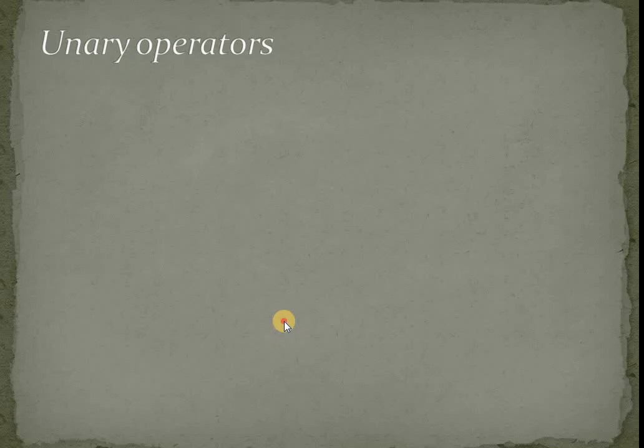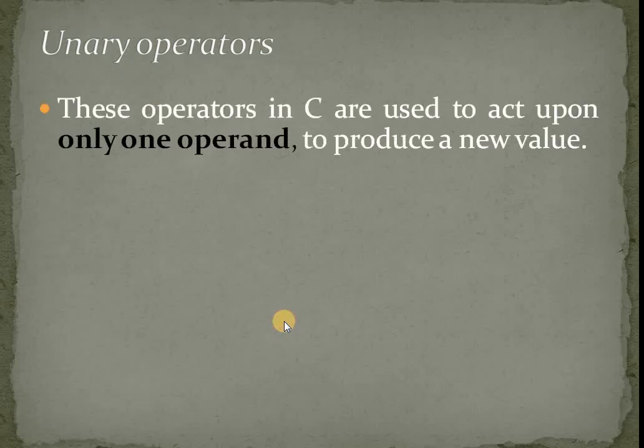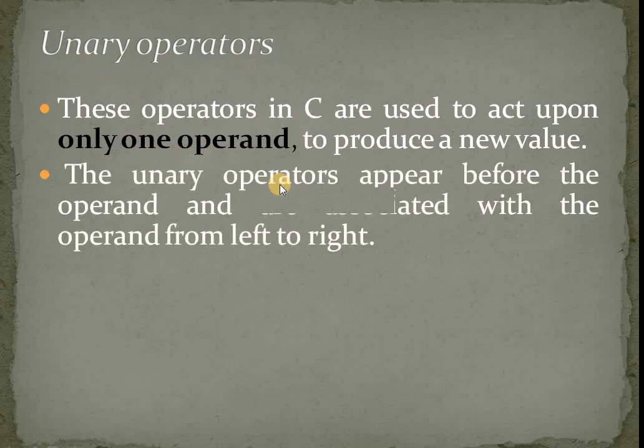First is the unary operator. These operators in C are used to act upon only one operand to produce a new value. So when the operator works on only one operand, such operators are known as unary operators.